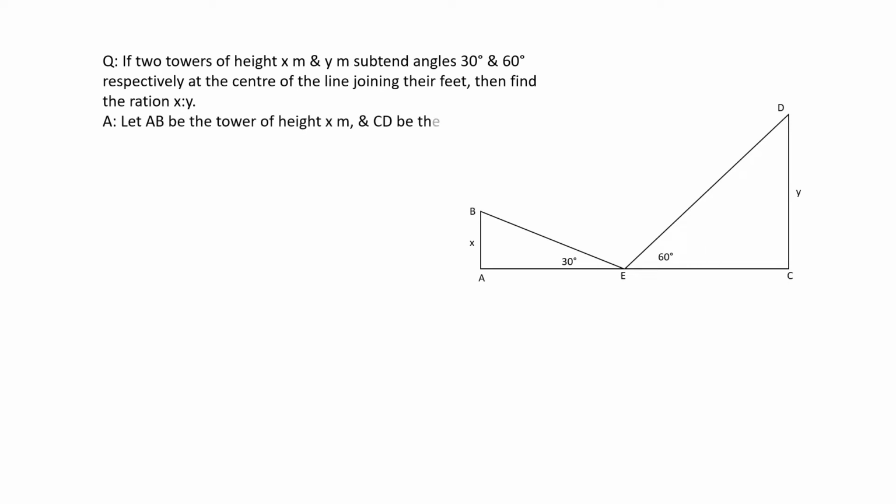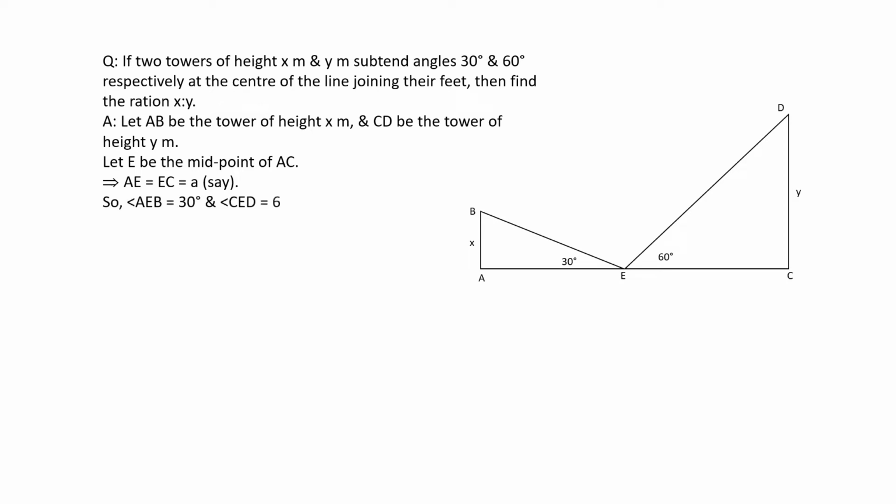Let AB be the tower of height x meter and CD be the tower of height y meter. Let E be the midpoint of AC. So we can write AE equal to EC equal to A, and angle EAB equals 30 degree and angle CED equals 60 degree.